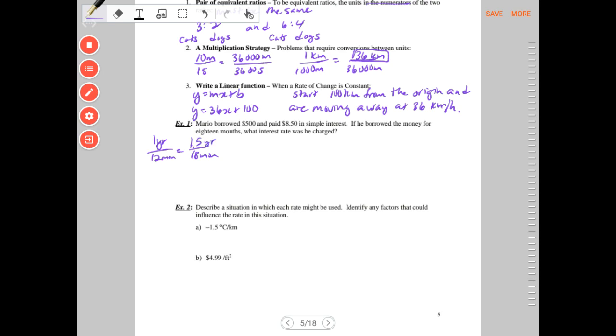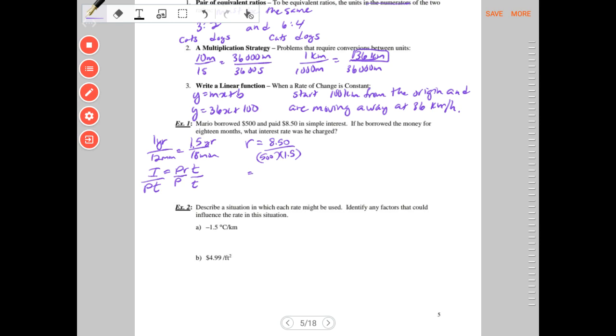Okay, good. Now, interest is equal to principal times rate times time. We're looking for the interest rate. So how do I get that? How to get rid of times by P? I divide both sides by P. If I'm timesing by T, I have to divide both sides by T. So therefore, my rate is equal to my interest, which was $850, divided by my principal, 500, and also divided by my time in years of 1.5.